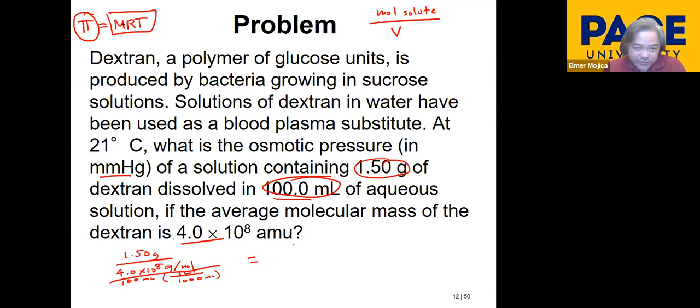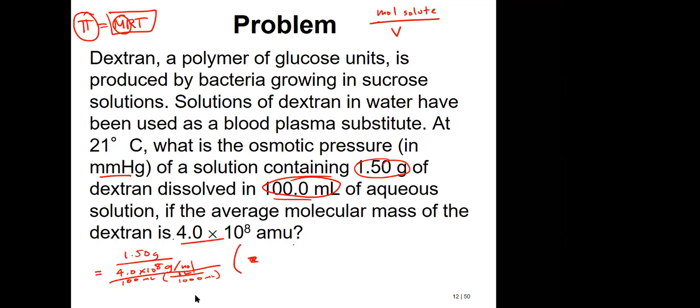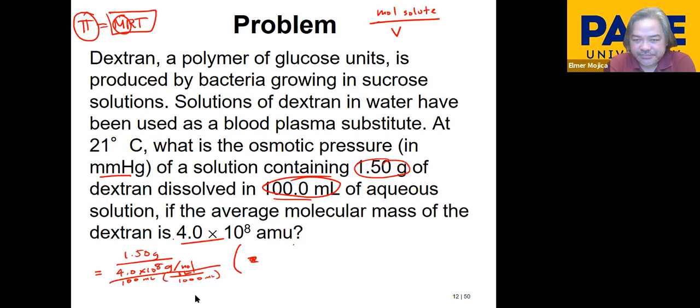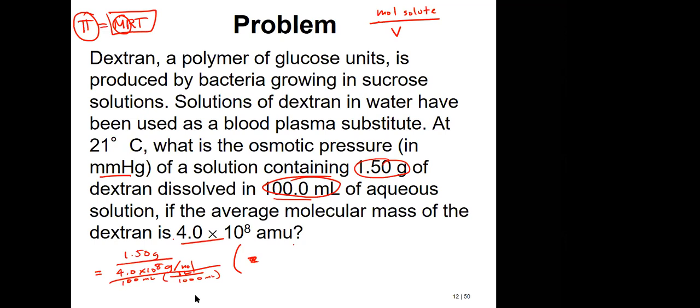And once you have that, you already have your M. You can just multiply it with the corresponding R. So what's the R that we're going to use here? Is it the 8.314 or 0.0821? 0.0821.